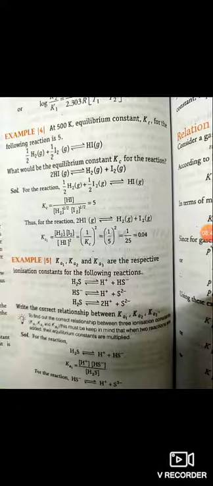You can find the differences between solid-liquid equilibrium, liquid-vapor equilibrium, and dissolution of gases and solids in liquid equilibrium from the given examples. And you can identify the law of mass action and how to calculate the equilibrium constant from the given reactions. So complete your classwork and also learn the textbook.